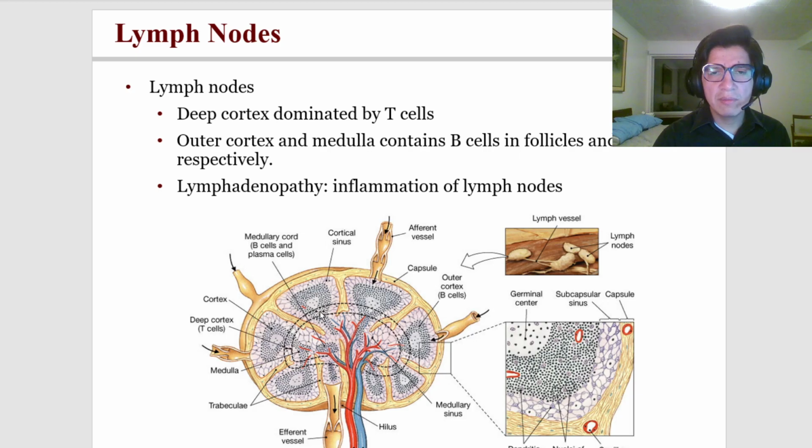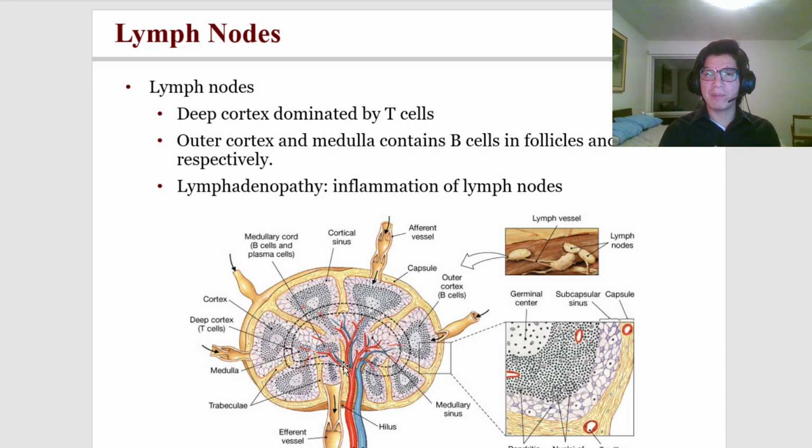Now, these B lymphocytes are also present in these medullary cords. You will also find T lymphocytes within this outer portion of the medulla. So in this dotted area, you will have T lymphocytes. Okay, so that is where the lymphocytes are present.